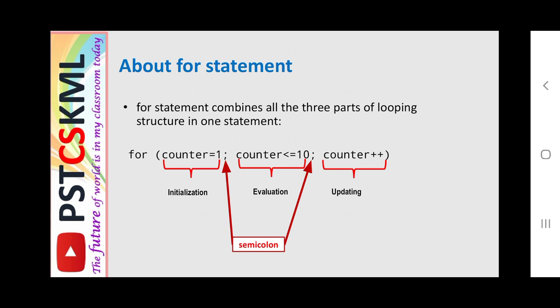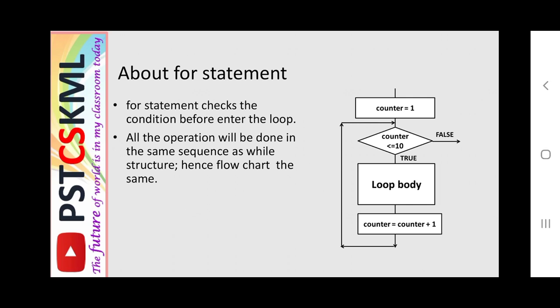All three important parts of the for looping control structure are placed in brackets. After the for statement, you must have your braces to start the loop body.